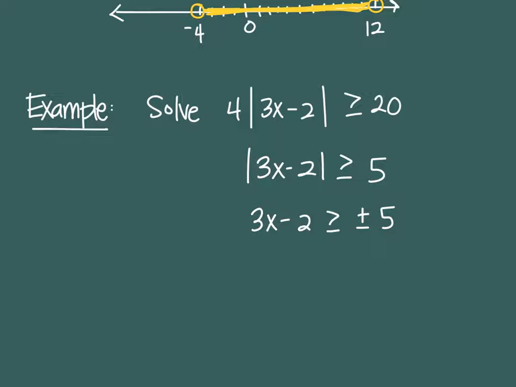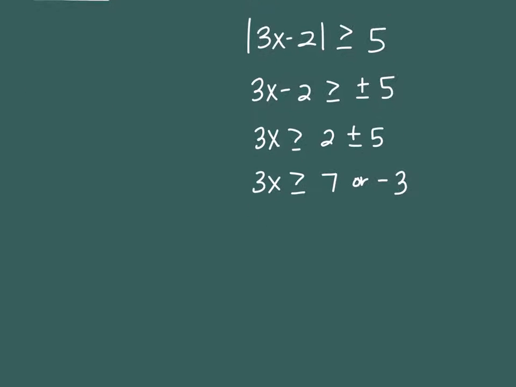Now you add 2 to both sides. So that's going to give me 2 plus or minus 5, which I should simplify to 7 or negative 3. My last step is to divide by 3.